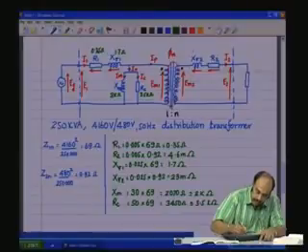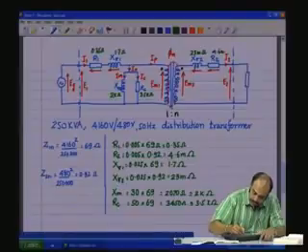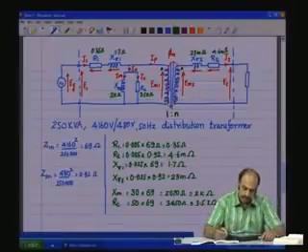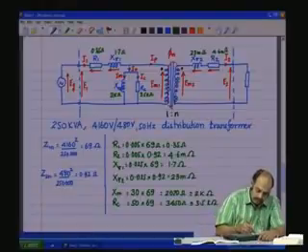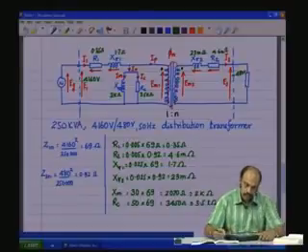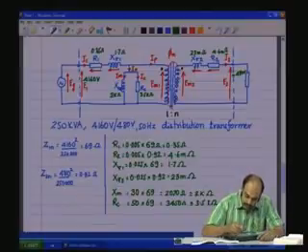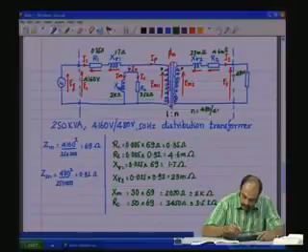This we found as around 23 milliohms. This is 4.6 milliohms. So this has a voltage of 4160 volts, and on the secondary side, approximately 480 volts. This is the turns ratio N, which is equal to 480 by 4160.